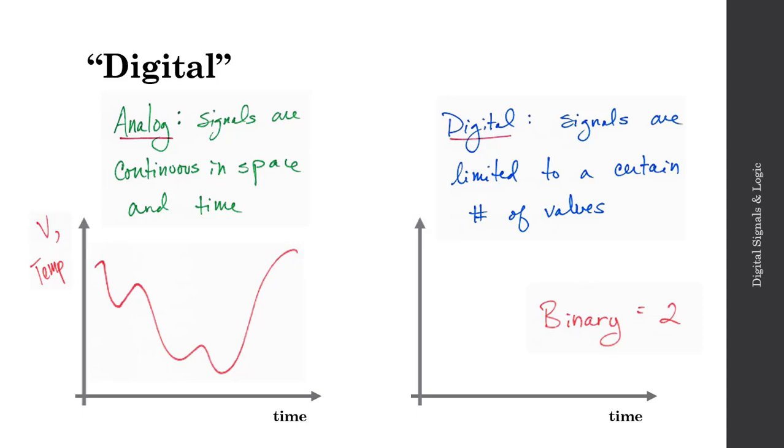So binary meaning 2, right? So that same sensor, that same system on my figure at left may have a similar output in terms of voltage or temperature with respect to time as I see here, where my voltage or temperature, let's say, is only occupying two values. Let's say a higher value and a lower value here, right? And that's driven by this binary nature of the digital signal.